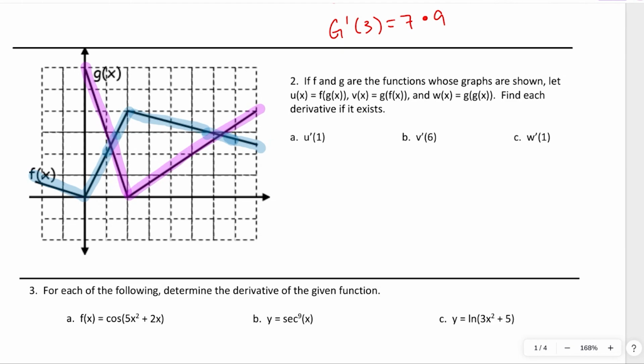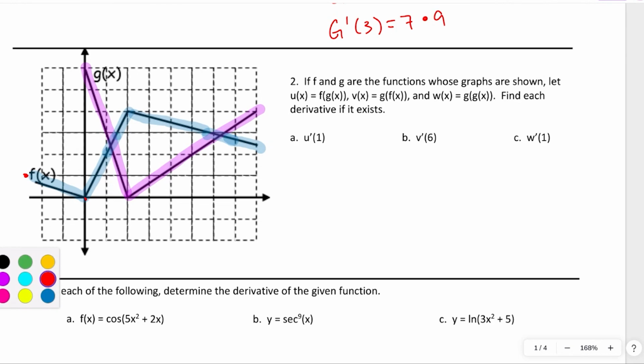So from negative infinity, or whatever this is, to 0, it's a little hard to tell here, but I'm going to assume this slope is down 1 over 3. So right here, f prime is down 1 over 3.